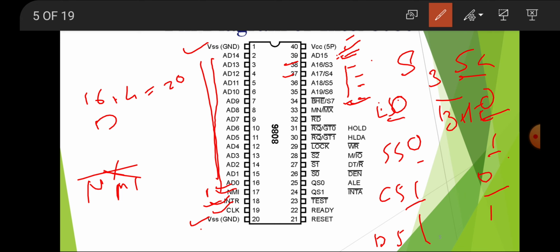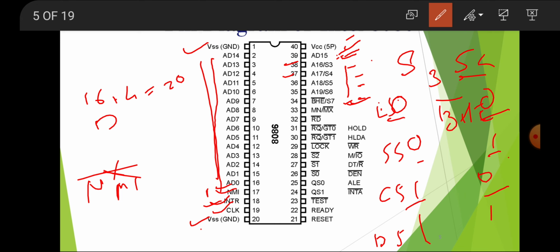So BHE and S0 are also a set of bits: 00, 01, 10 and 11. When BHE and A0 are both 0 0, the whole width of the data bus can be used, so total 16 bits can be used. When it is 0 1, you can use the upper bits.